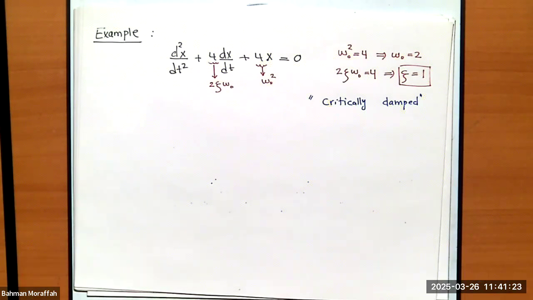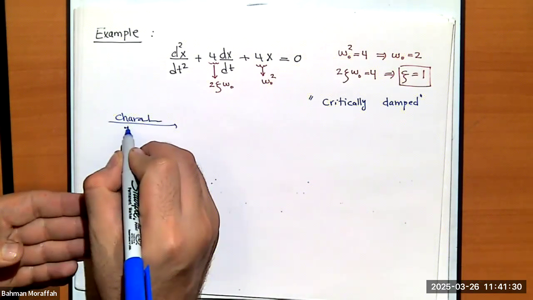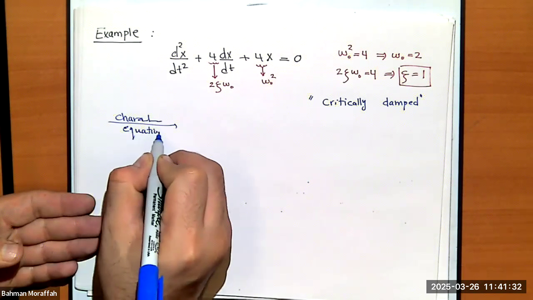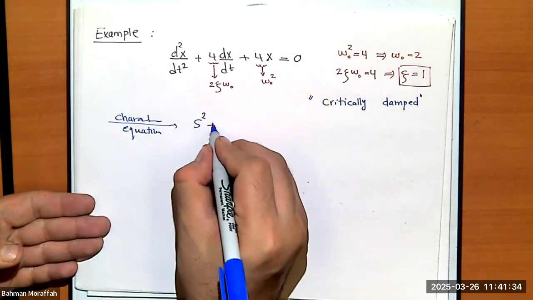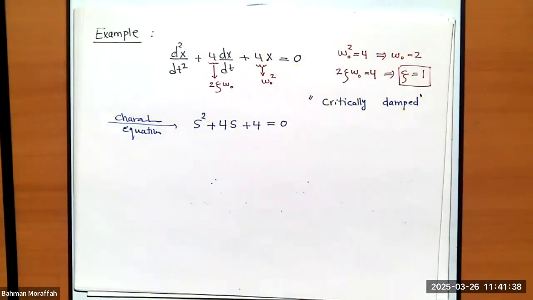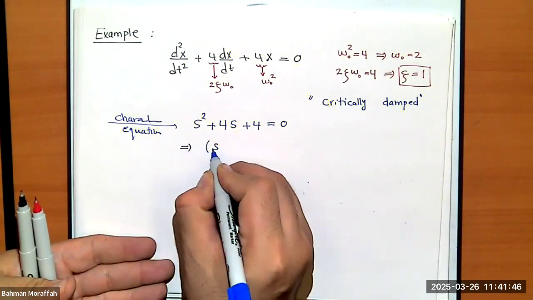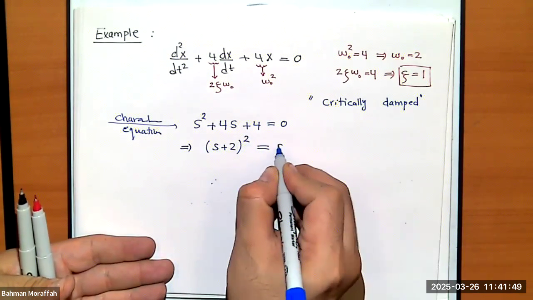I can find the characteristic equation. So the characteristic function is s squared plus 4 times s plus 4 equals 0. But we know this is an identity. We know we can write this as s plus 2 to the power of 2 equals 0.